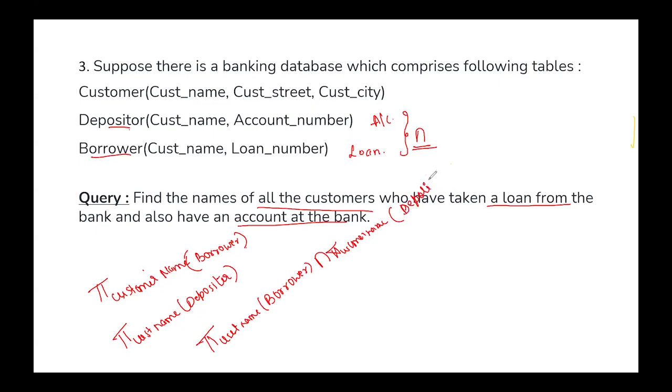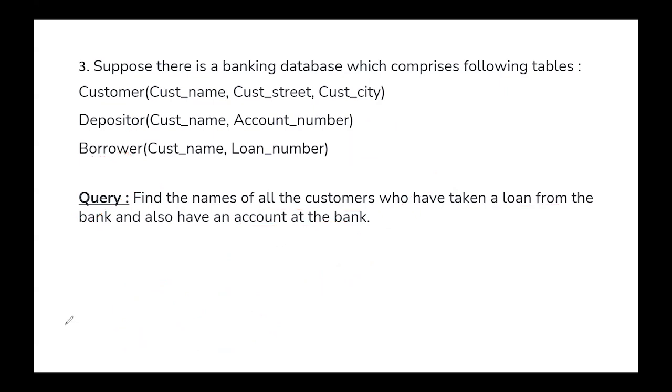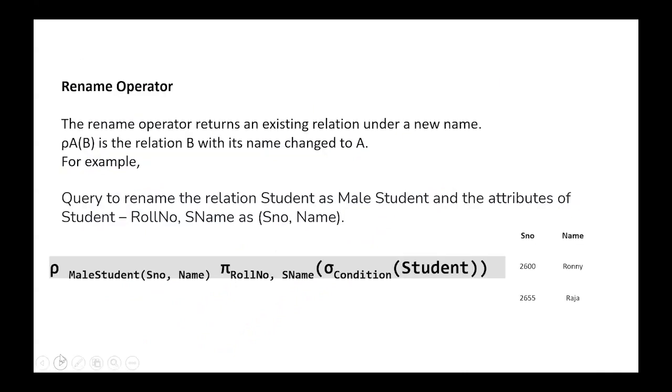Whatever output I get from this particular query is the answer for this query. So that is how I'm going to combine the two tables here, right? These are the simple queries we are learning. We will not be going into very complicated things, but when it comes to the relational query, we will try to go in depth a little bit.